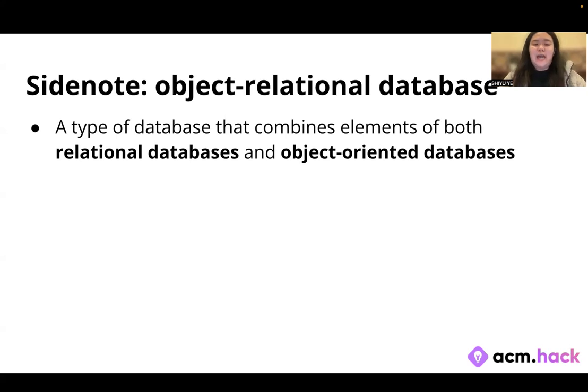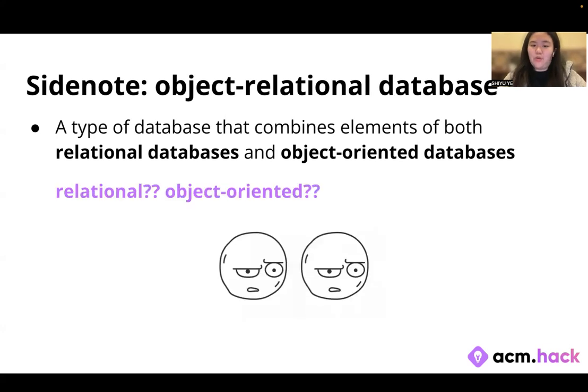Object relational is a type of database that combines elements of both relational databases and object-oriented databases. Well, that makes even less sense because we don't know anything about relational databases or object-oriented databases. So we're going to cover more about these concepts when we get to actually construct a database in later workshop sessions.